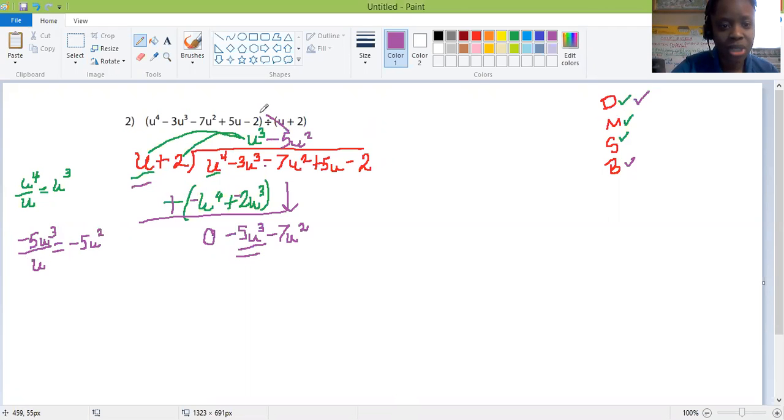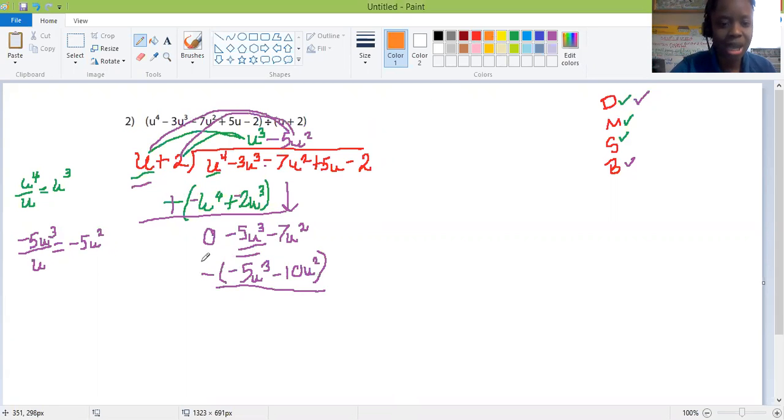Negative 5u to the second power times u is negative 5u to the third power. Negative 5u to the second power times 2 would give you negative 10u to the second power. All right, so now we need to subtract. But I don't like to subtract.